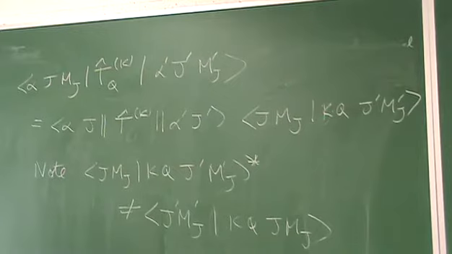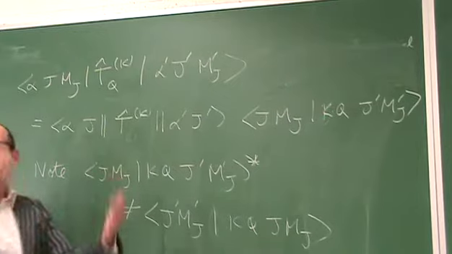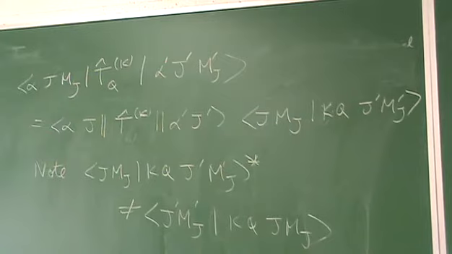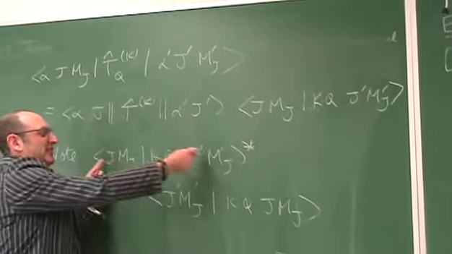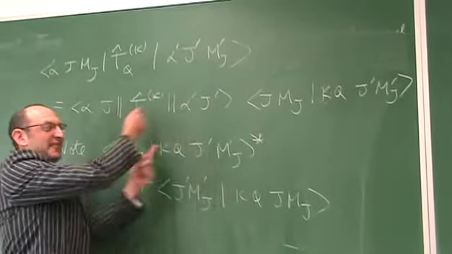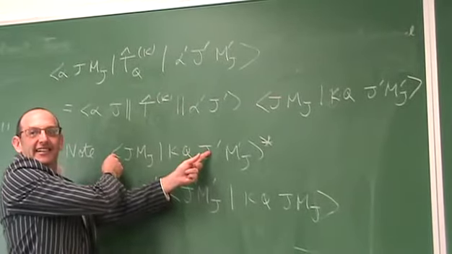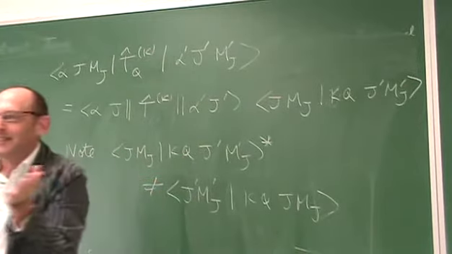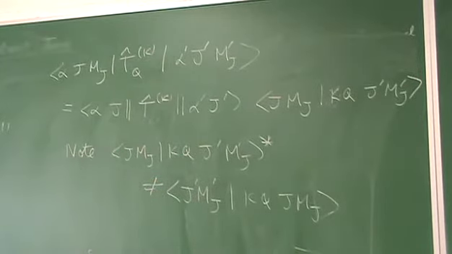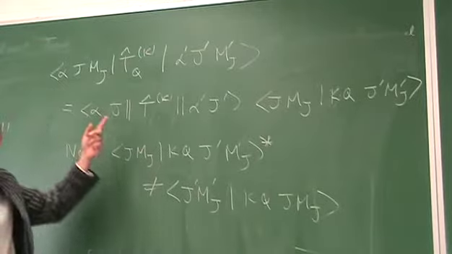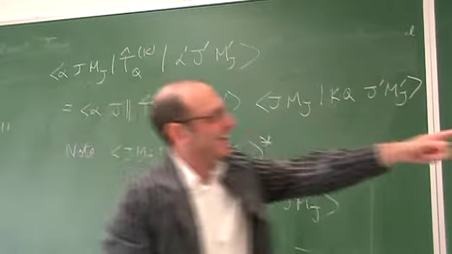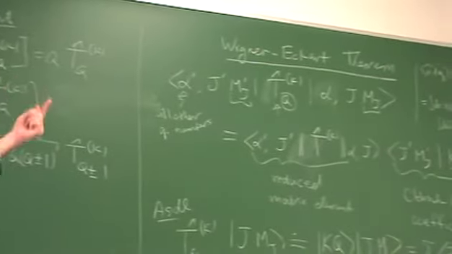There are some rules with (-1) to the j minus k plus 1 and the square roots of 2j plus 1 whatever when you want to trade these two things. One is not just the complex conjugate of the other, which it would have to be if this star was equal to the thing with j and j prime switched.